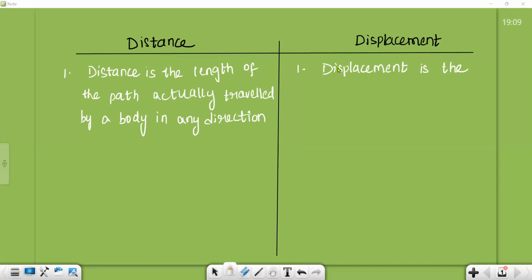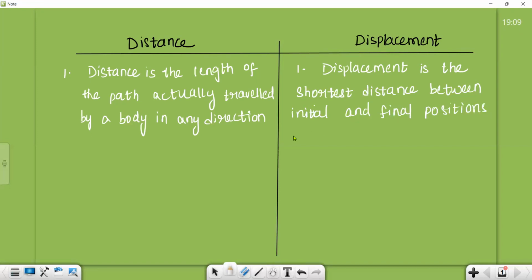So displacement is the shortest distance between initial and final position. Okay.